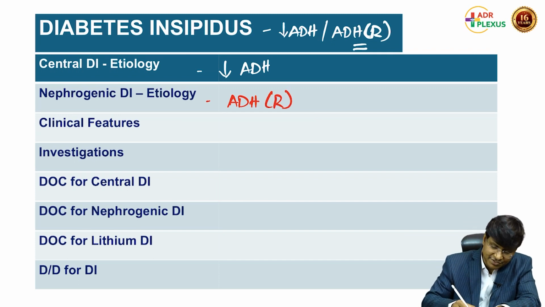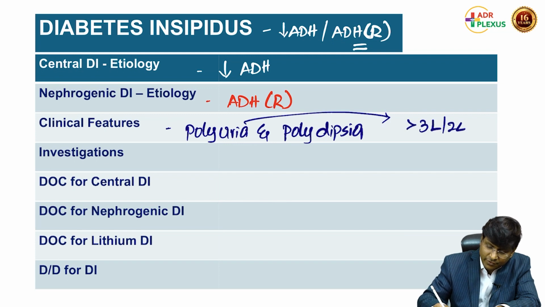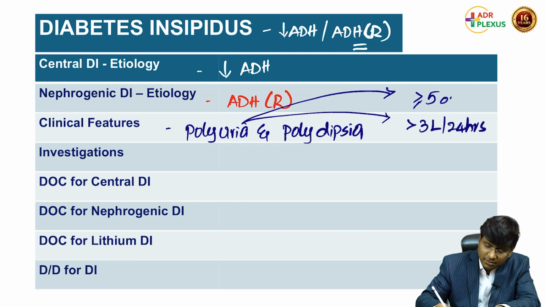The clinical features in patients with diabetes insipidus are polyuria as well as polydipsia. Polyuria is where the urine output will be more than 3 liters per 24 hours, or more than or equal to 50 ml per kg in 24 hours.